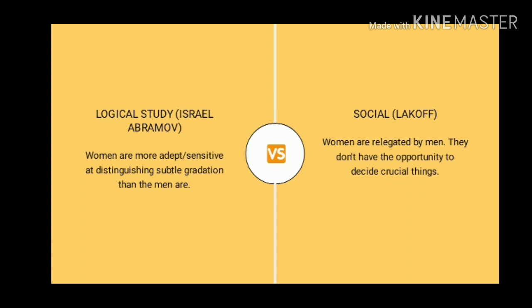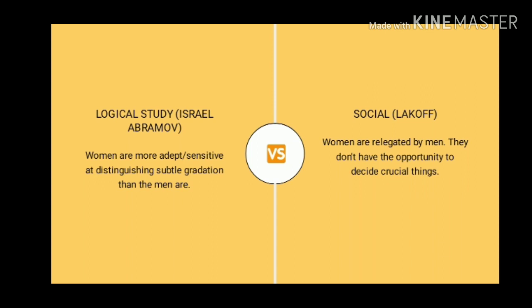And then the second one is from Lakov. So Lakov seeing the social aspect on why women see the color differently than men. Lakov stated that women are relegated by men, so they don't have the opportunity to decide crucial thing.